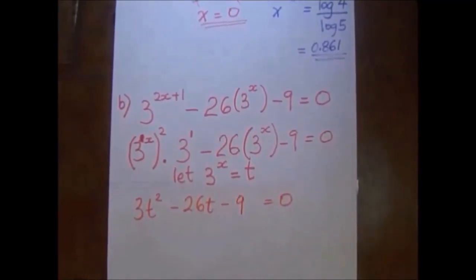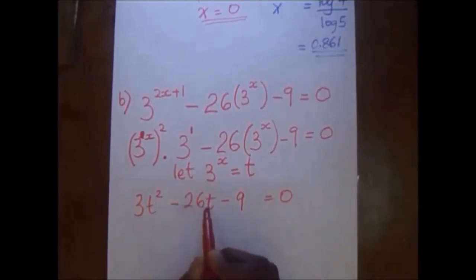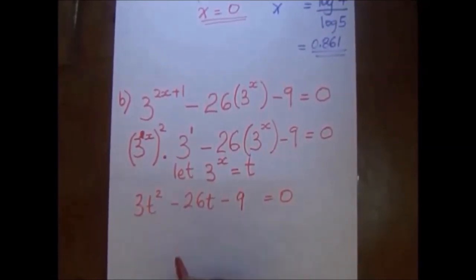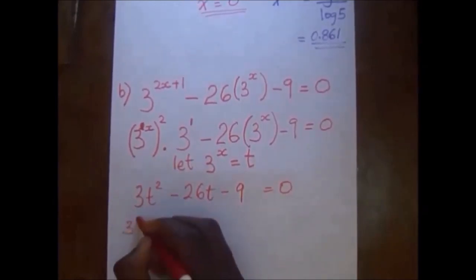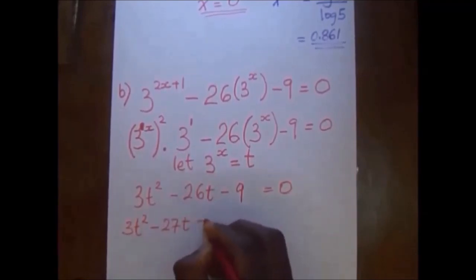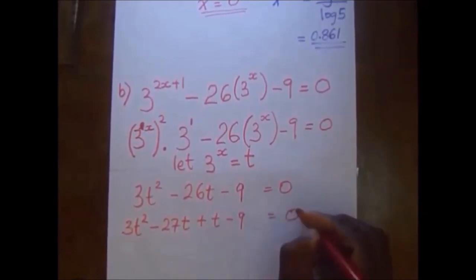So we have a quadratic expression in terms of t. When we find two numbers giving us the sum of negative 26 and the product of 9 times 3, which is 27, we shall end up factorizing that quadratic expression as 3t squared minus 27t plus t minus 9 is equal to 0.